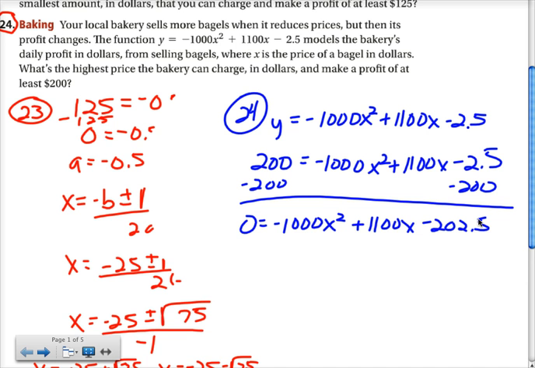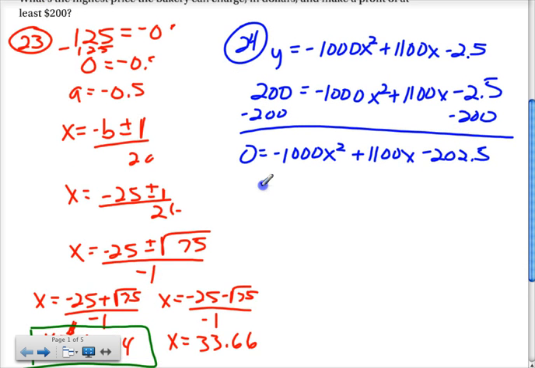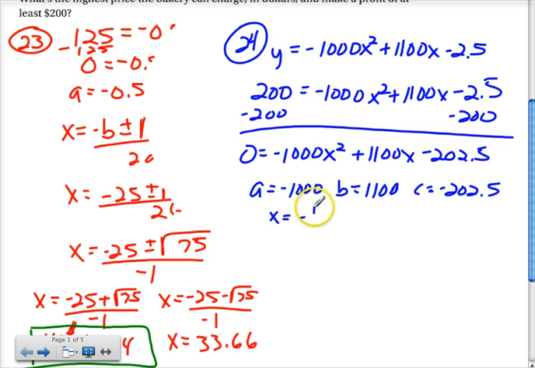And again, if we're going to use a calculator, the negatives, just leave them exactly where they are. So A is a negative 1,000, B is 1,100, and C is a negative 202.5. And X equals negative B plus or minus the square root of B squared minus 4AC all over 2A.